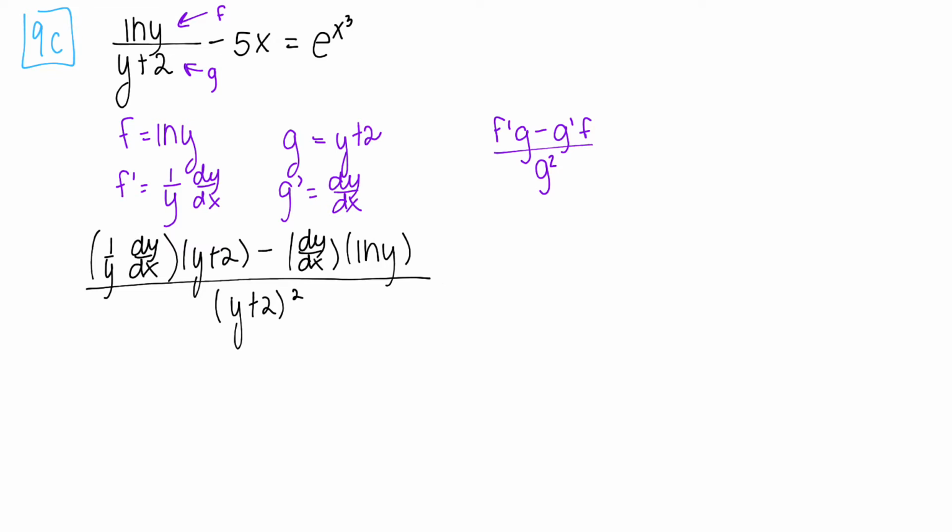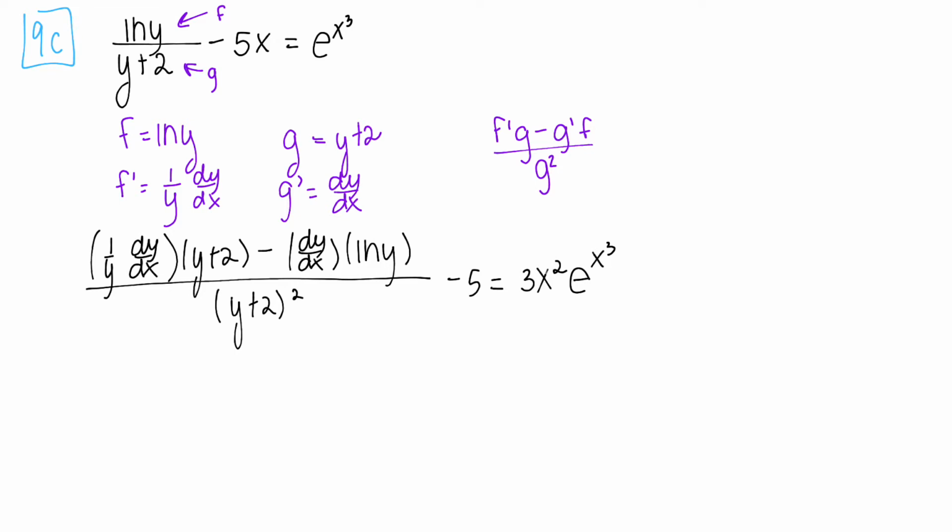And then minus derivative of negative 5x will be minus 5. Derivative of e to the x cubed will be 3x squared. That's the derivative of the exponent, times e to the x cubed.